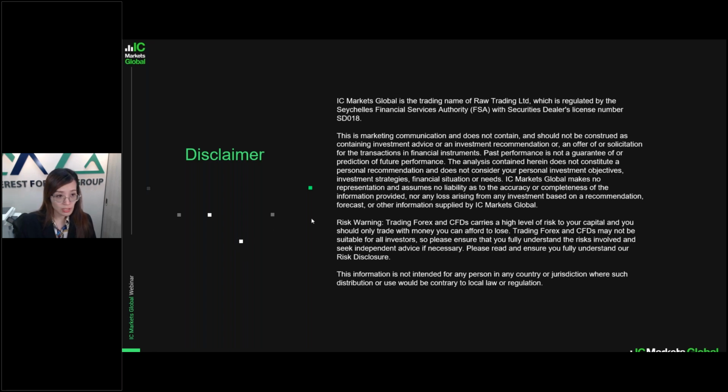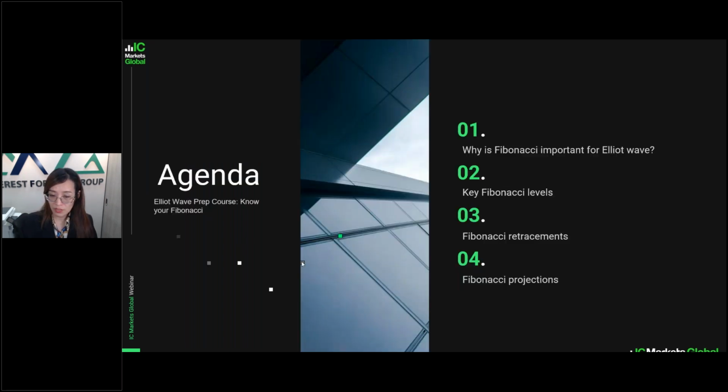If you want to trade, please do your own due diligence before you trade. Today we're going to cover why Fibonacci is important for Elliott wave, key Fibonacci levels, and maybe a little bit of recap of Fibonacci retracement and Fibonacci projection, because we will use these tools to help you find the next wave. I will show you later.